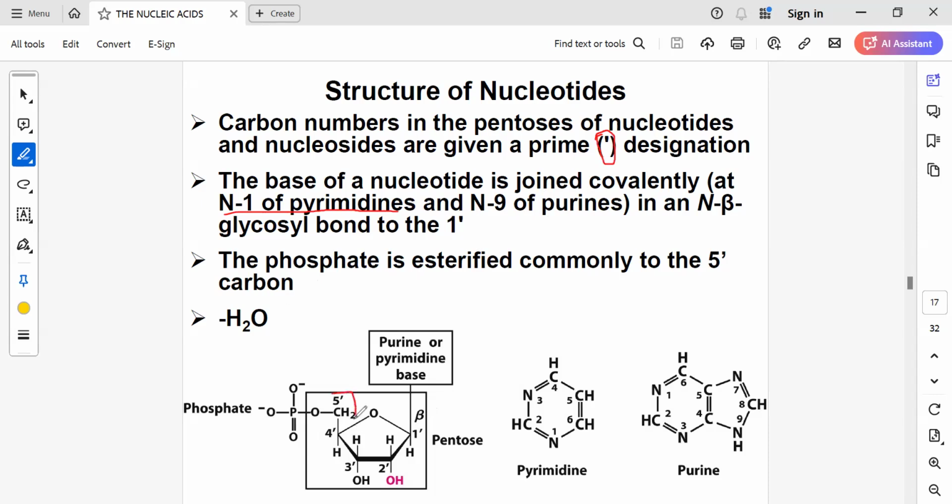So this is the 5 prime. Usually the phosphate group of nucleotides is esterified at the 5 prime carbon of the sugar. Usually when this glycosyl bond is formed, water molecules are released. Okay.